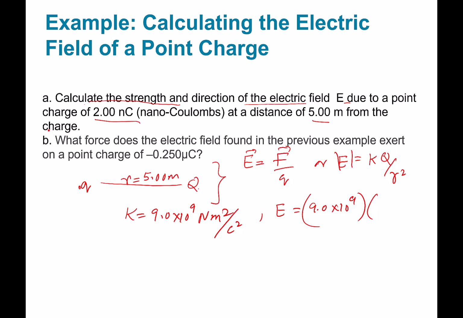The test charge we are talking about here is a unit positive test charge, which, if you remember, gets cancelled due to Coulomb's law. So we are left with the source charge, the point charge, over r squared. So kQ over r squared. So it's 2.00 times 10 to the power of minus 9 coulombs divided by a distance of 5 meters.